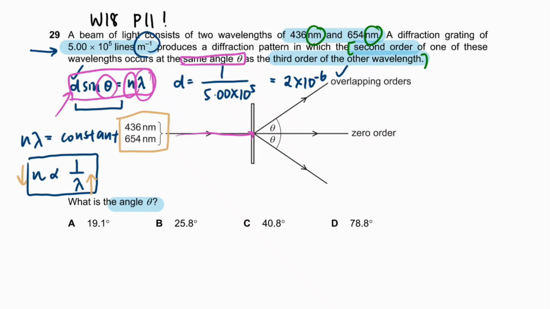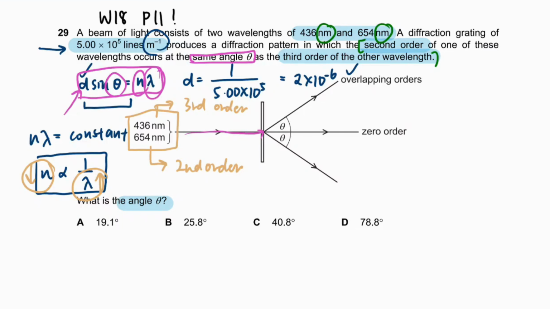So that means 654 nanometer will diffract at the second order, because the greater the wavelength, the lower the order, and vice versa. The lower your wavelength, the greater the order. So 436 nanometer has the lower wavelength. That means it has a greater order, which in this case is third order.